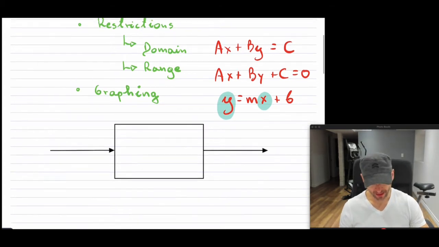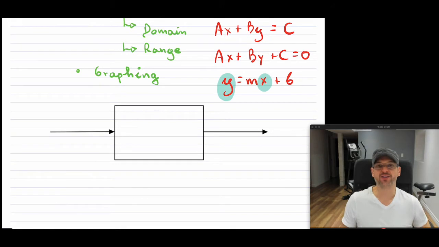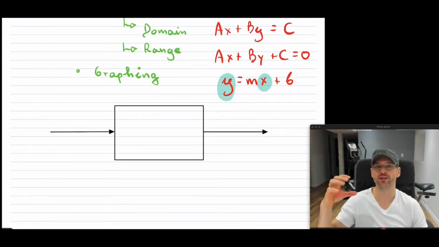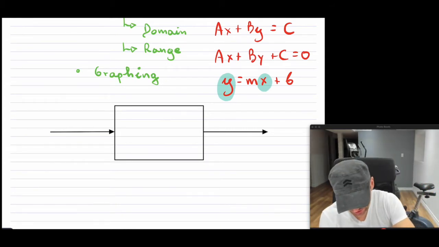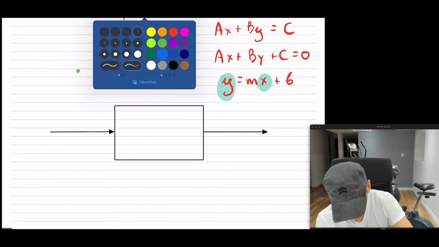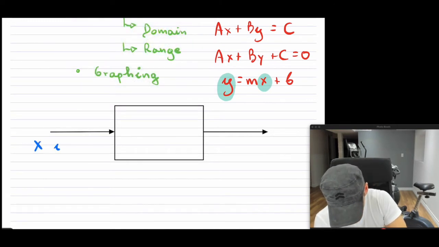Now, with this, the x is known as your independent variable, and it is the input to a particular system, and then you're creating a relationship between your x, your input, and your y, which is your output. That's how I like to transform these. So I like to say that x is the input, and it is known as the independent variable.